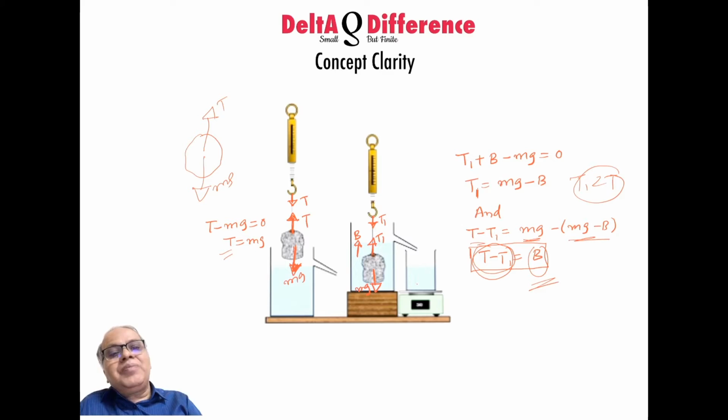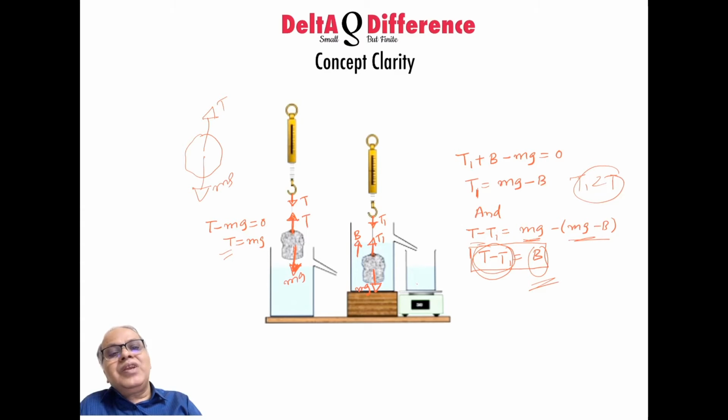Now we develop another force, another contact force opposing this mg, and see that under this force the body comes to rest, and we measure that force which is equal to weight. But in case under the action of that opposing force and this mg together, the body is accelerating, the weight reading will change.